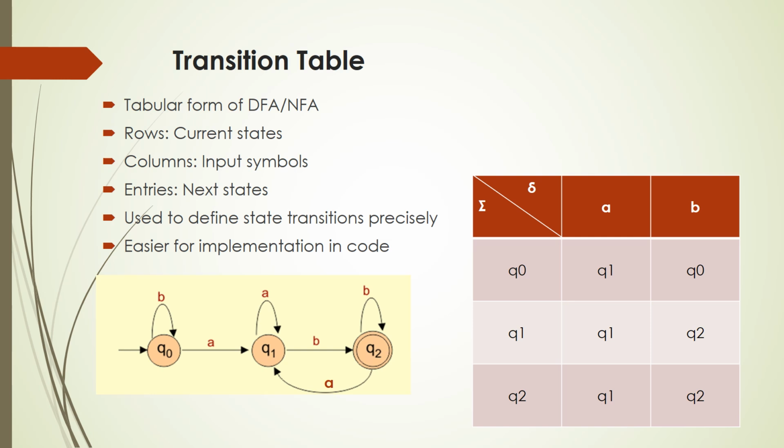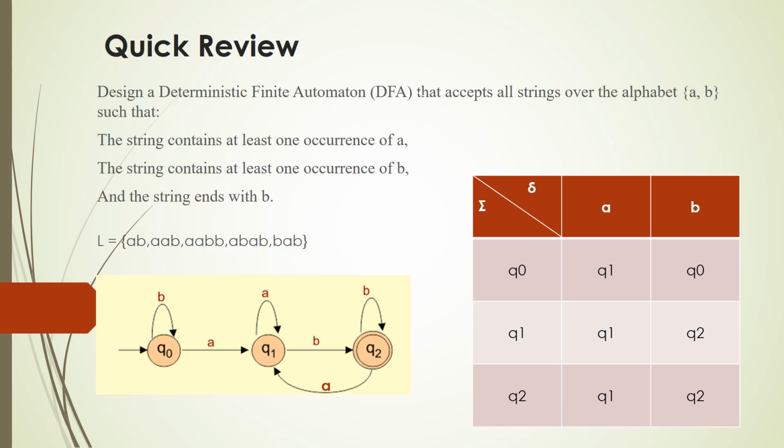Let's move forward with an example where you can see how the transition table and transition diagram can be useful. One quick example: design a deterministic finite automata that accepts all strings over the alphabet such that the string contains at least one occurrence of A, the string contains at least one occurrence of B, and the string ends with B. This is the DFA designed for the above problem statement.